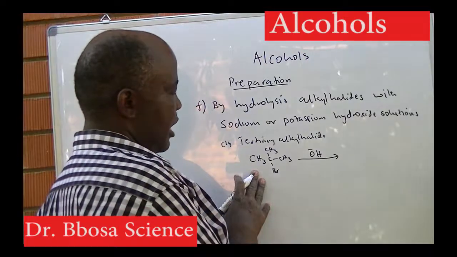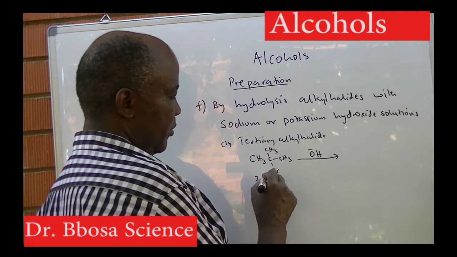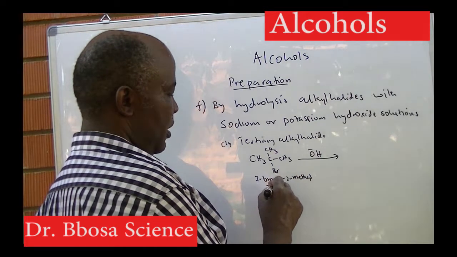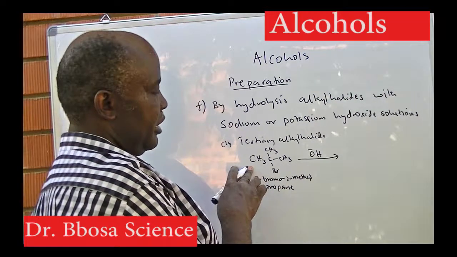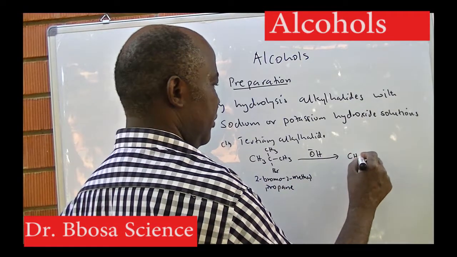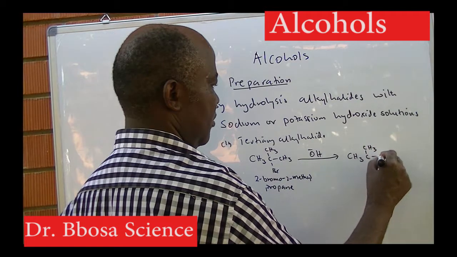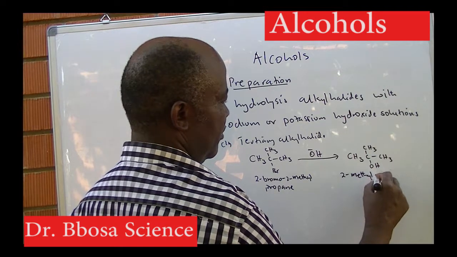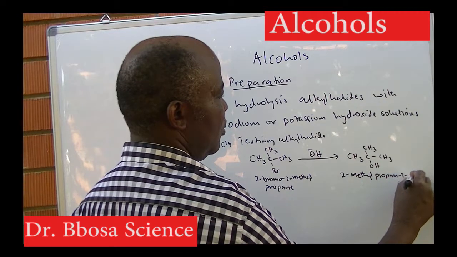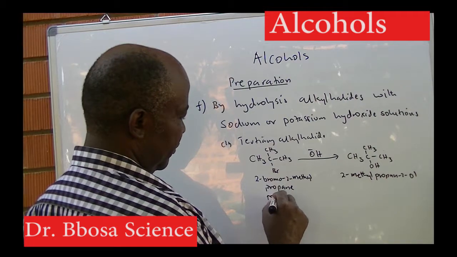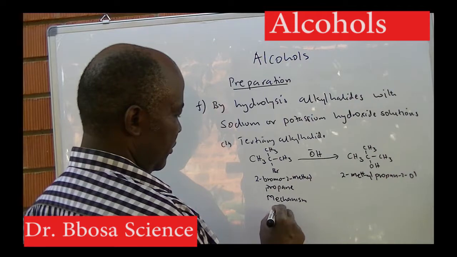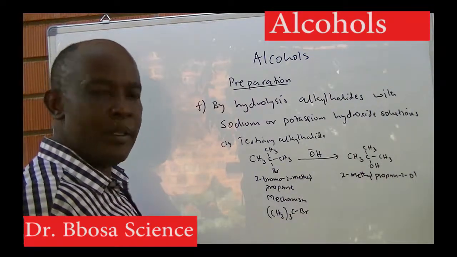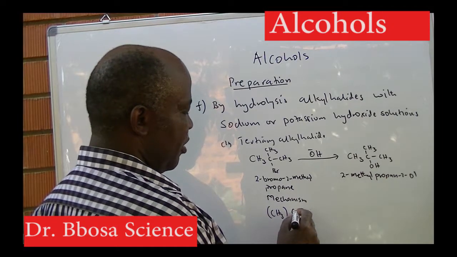Tertiary alkyl halide. An example is 2-bromo-2-methylpropane. It will undergo hydrolysis to form 2-methylpropan-2-ol. Mechanism. 2-bromo-2-methylpropane is a tertiary alkyl halide, so it first loses a bromide ion.